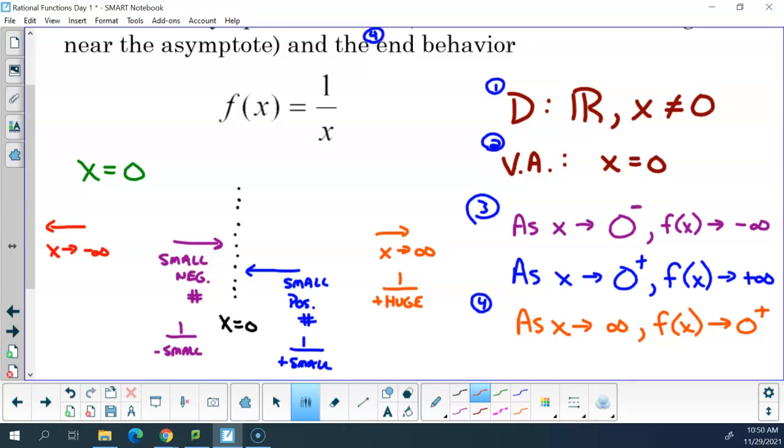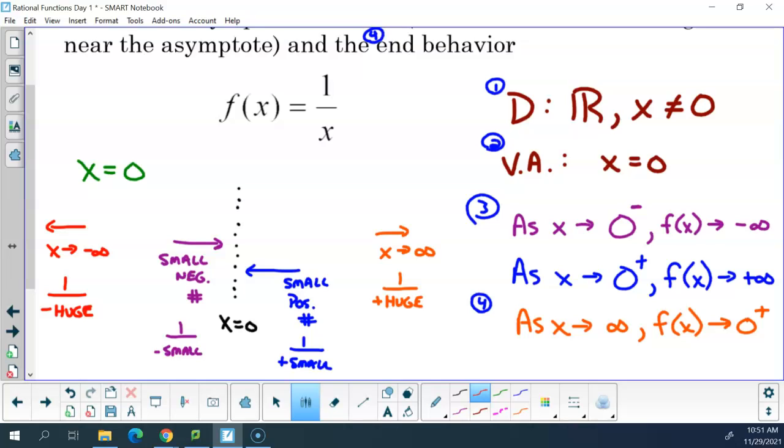X is now going to negative infinity. So I've got positive 1 over a negative huge number. Right? So that's going to go to what? Denominator is going to keep getting bigger, bigger, bigger.